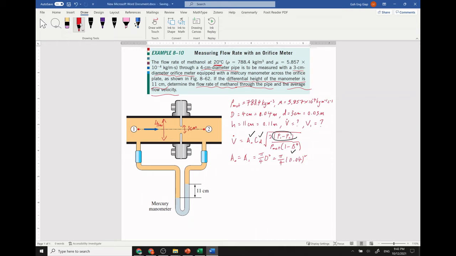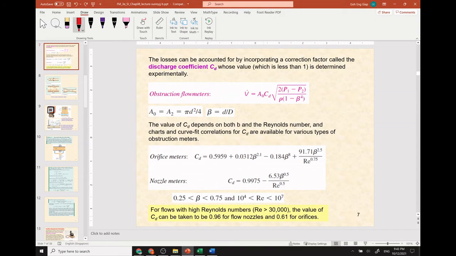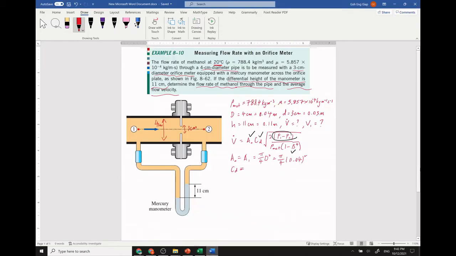Then for CD, we are not sure about the Reynolds number, so we're not sure what value to use for the orifice. To use the orifice, we need to know beta as well as the Reynolds number. But now we don't know the Reynolds value, so we assume the discharge coefficient as 0.61.